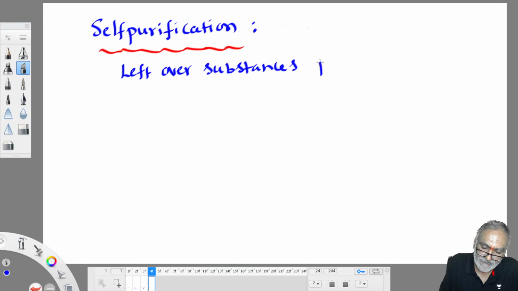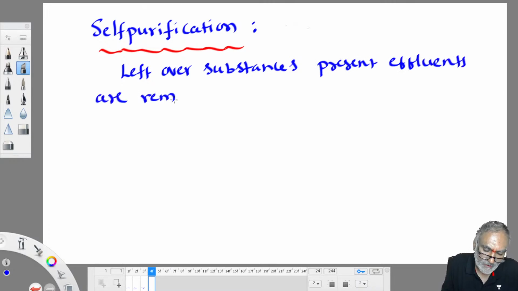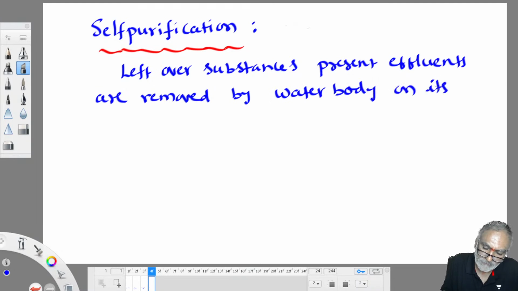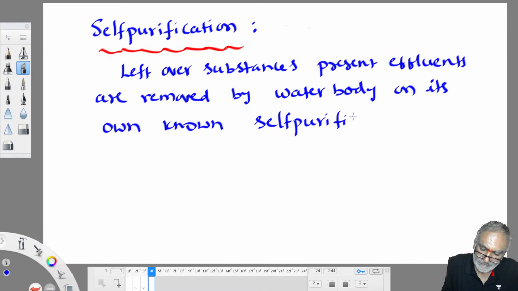Leftover substances present in effluents are removed by the water body on its own, known as the self-purification capacity of the water body.